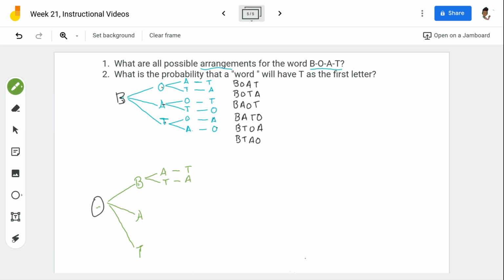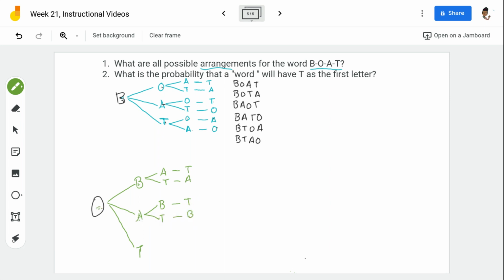Well, let's go down one. What if I use the letters O and A? What's left? I have B and T. Well, if I use O, A, and B, what would be left? The T. If I use O, A, and T, what would be left?